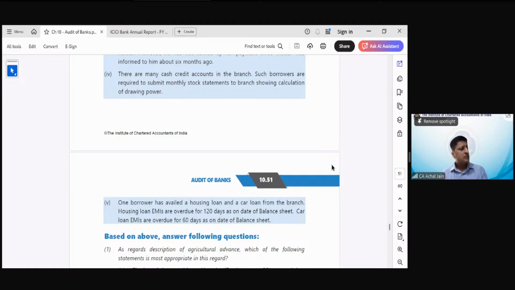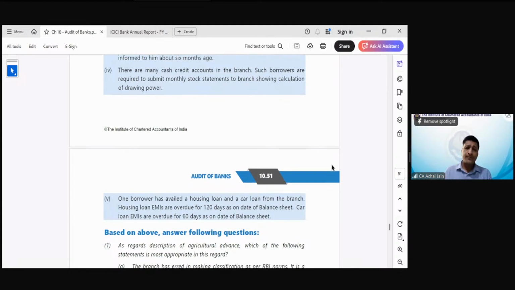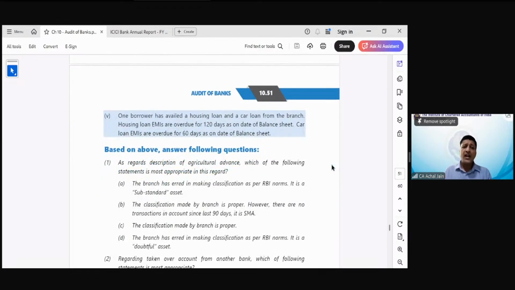Okay. Now, based on this fact pattern or these observations that we just discussed, you need to answer these questions. First, as regards description of agricultural advance, which of the following statements is most appropriate? First, branch has erred in making classification as per RBI norms.